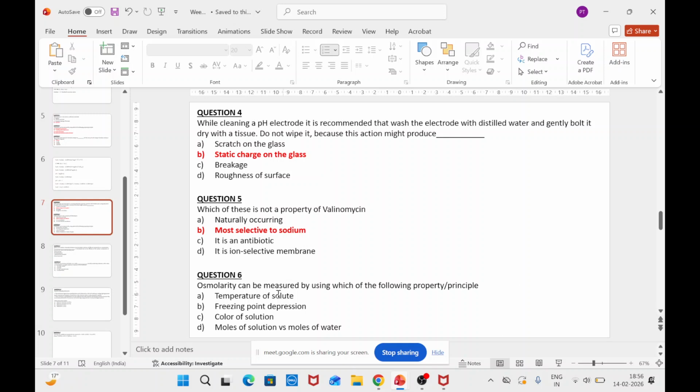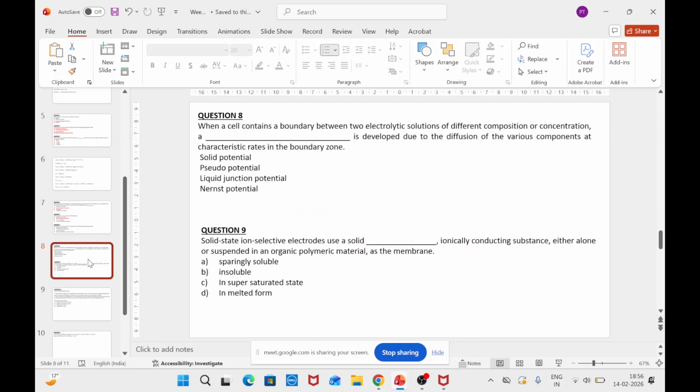Okay, so let's move on. Question: when a cell contains a boundary between two electrolytic solutions of different compositions or concentrations, a dash is developed due to the diffusion of various components at characteristic rates in their boundary zone. What is that? What potential is it which gets developed?